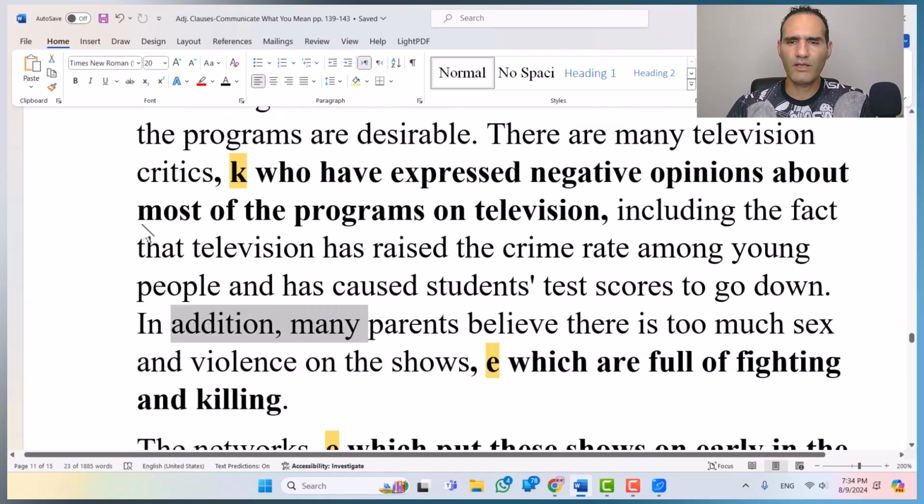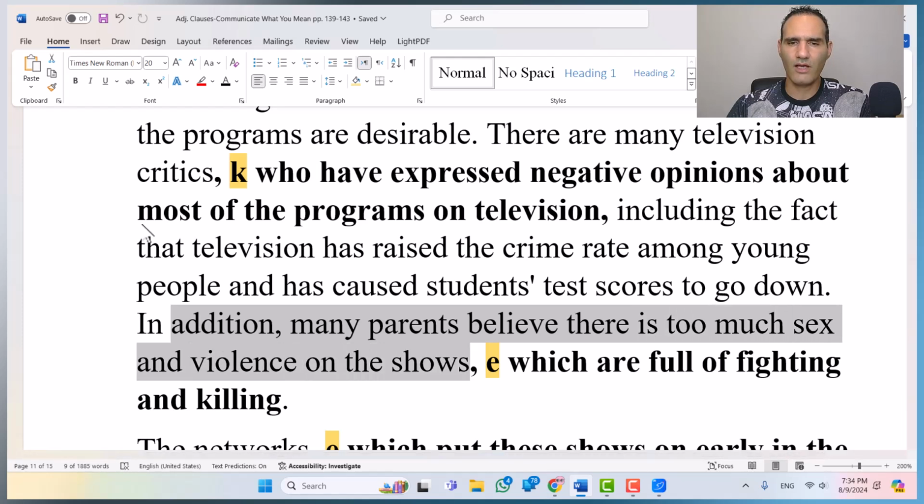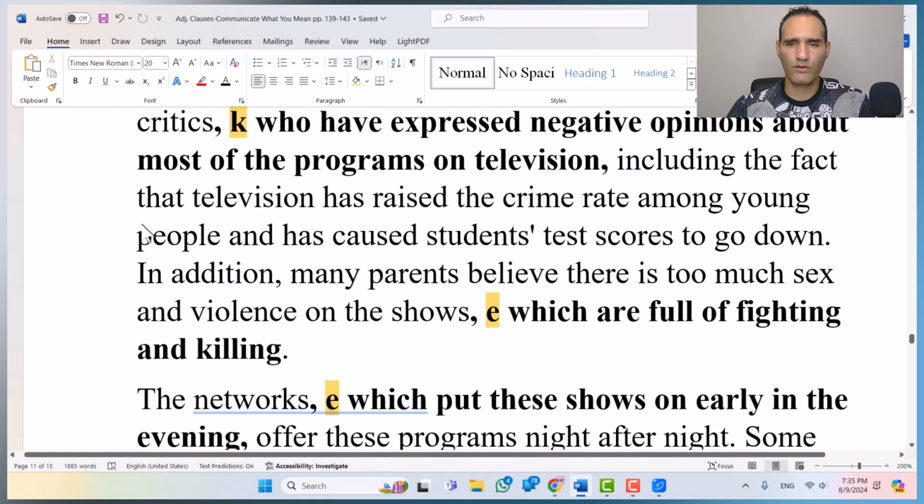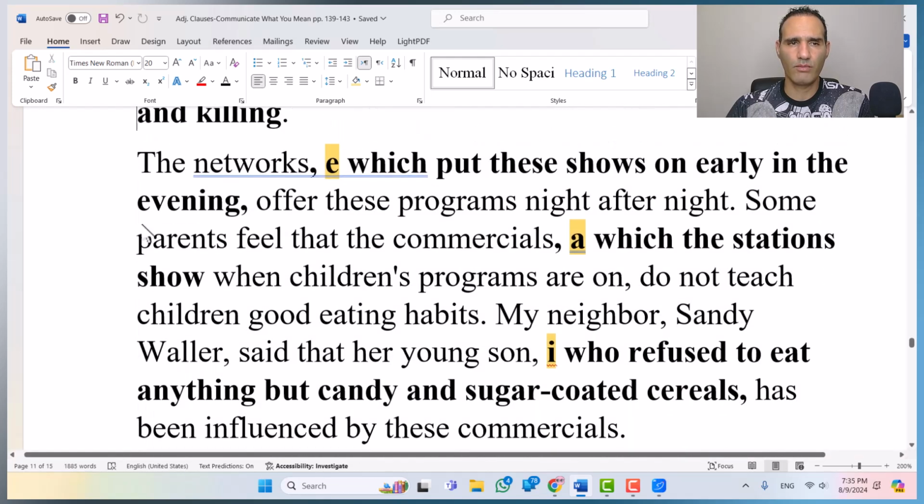In addition, many parents believe there is too much sex and violence on the shows, which are full of fighting and killing. While we are covering some points here: on the shows, preposition; raise the crime rate, beautiful collocation; on television. Okay, please transfer these beautiful points into your vocabulary notebook.